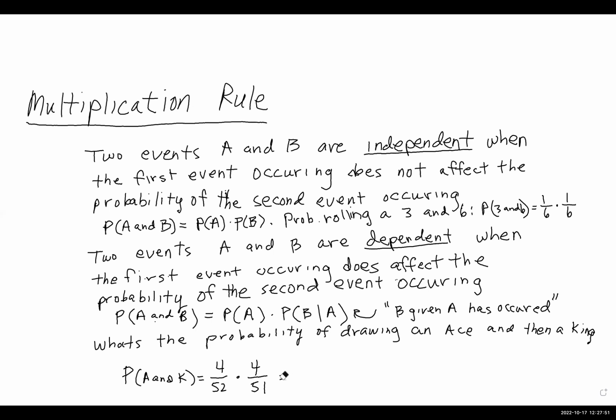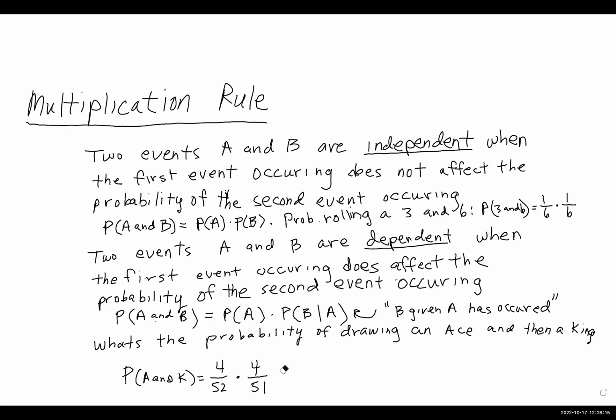Now, what math textbooks will do to get more examples by using a deck of cards, they'll say, what's the probability of drawing an ace and a king with replacement? Meaning I draw a card from the deck, I note that it's an ace, but then I stick it back in the deck.